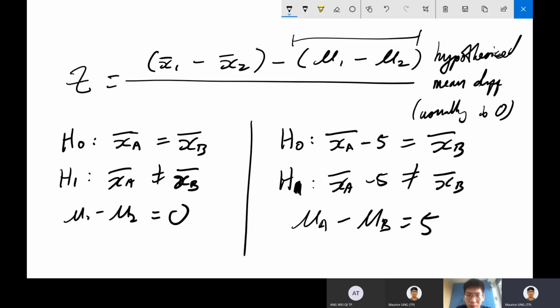Remember just now we had a question on whether an extra class gives a student better results? Yes, sir. I can even state my null hypothesis in such a way that if the extra class is not improving the average student marks by 5 marks, the extra class is actually useless. So that will be the hypothesized mean difference.